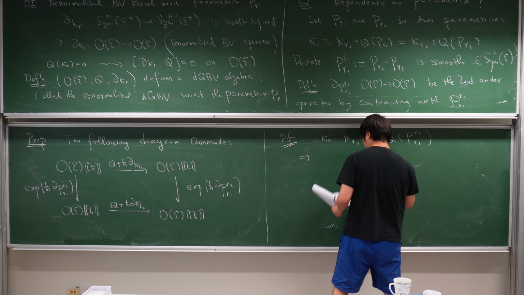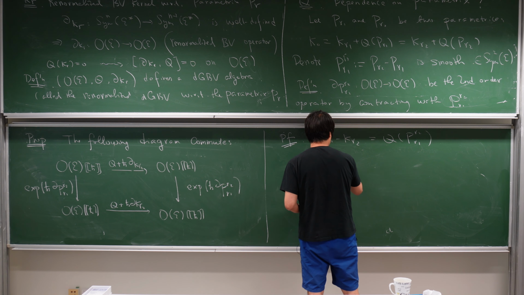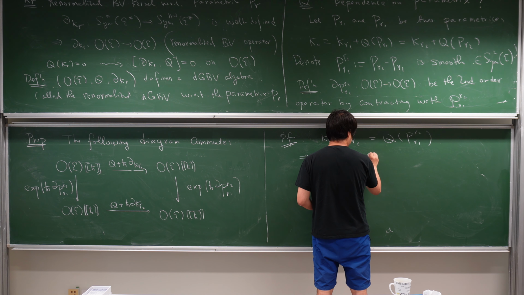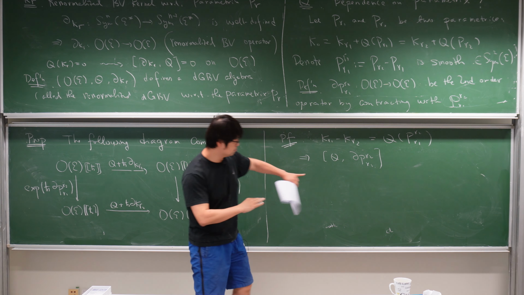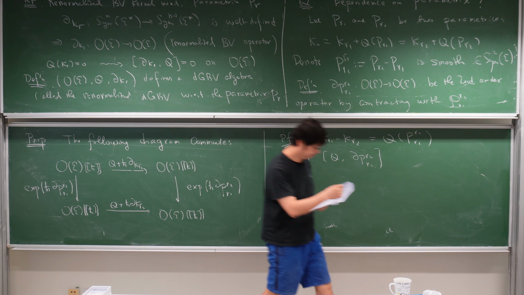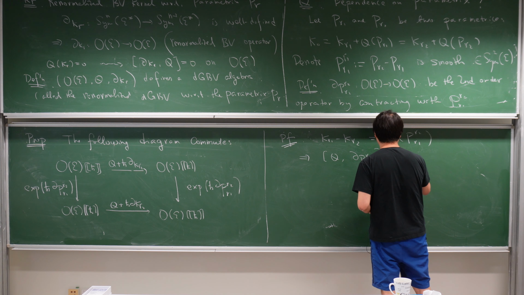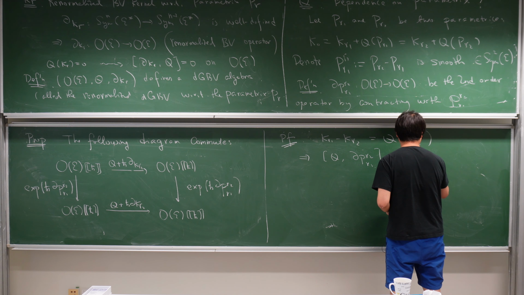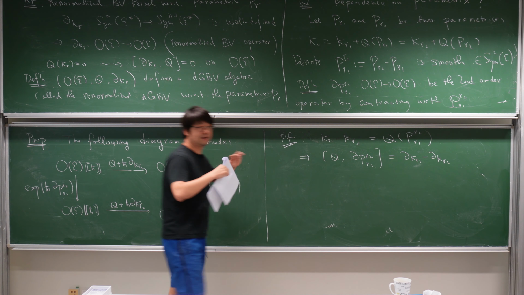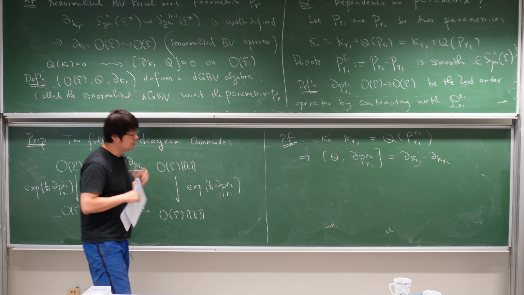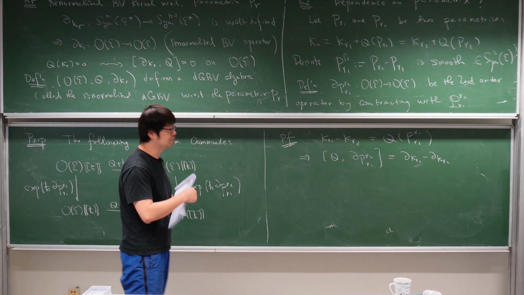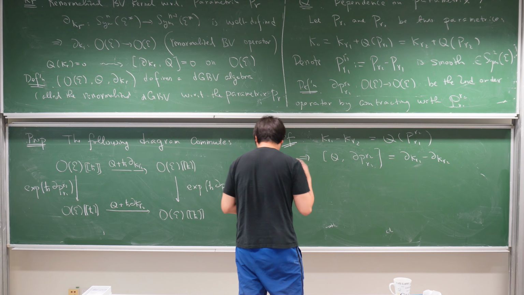If you look at the graded commutator of the Q differential with the order 2 differential obtained by contracting with the smooth kernel, it differs by contracting with these two smooth kernels. This almost follows just by looking, it's a simple consequence of this fact. It's basically an equivalent way of rewriting the same formula.